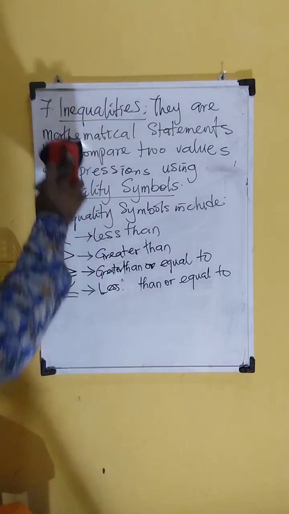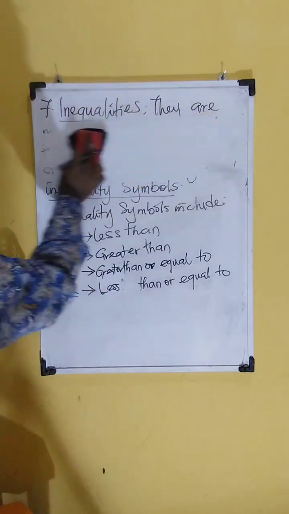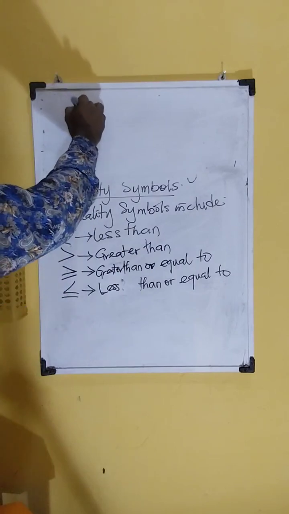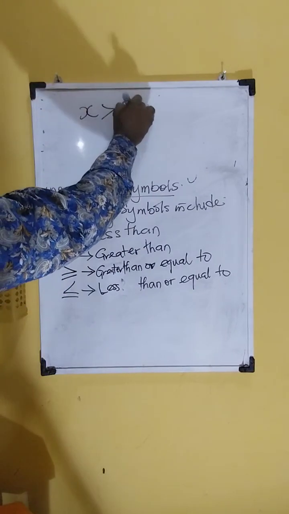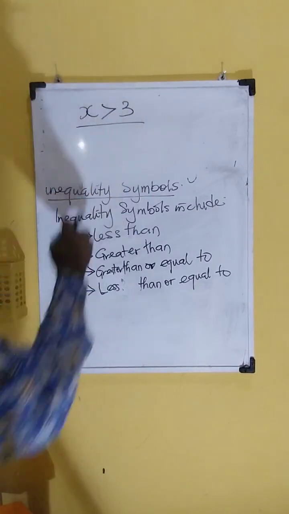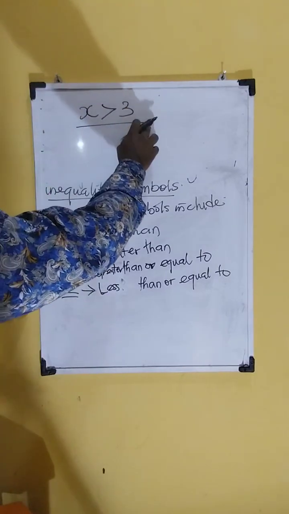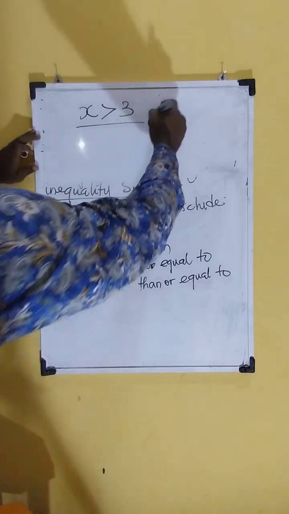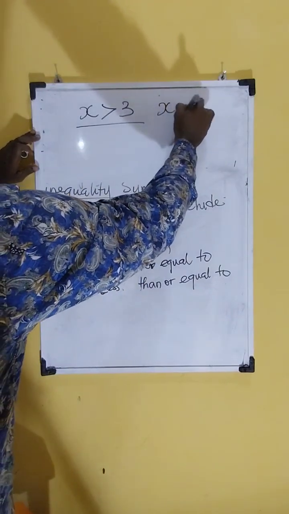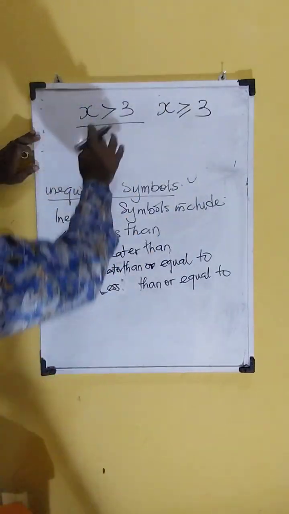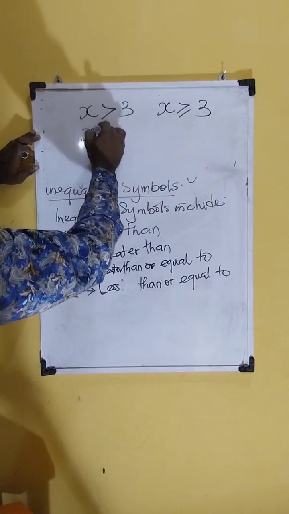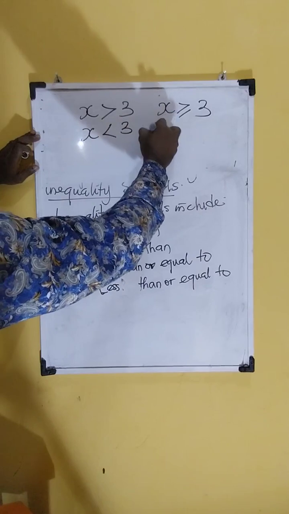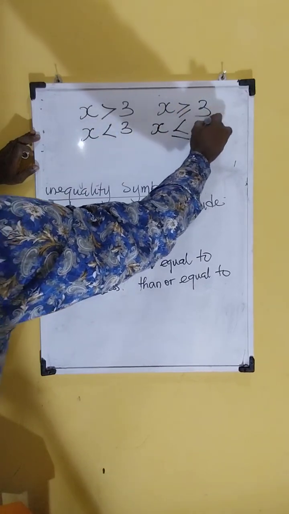If you know these symbols, we can say now that x is greater than 3. This is an example of inequality. If we say x is greater than or equal to 3, we can also say that x is less than 3, or x is less than or equal to 3.